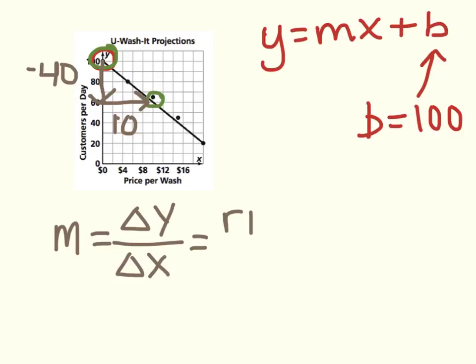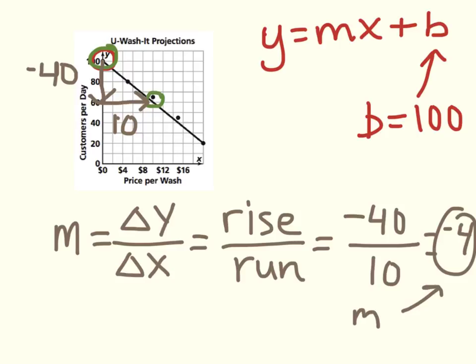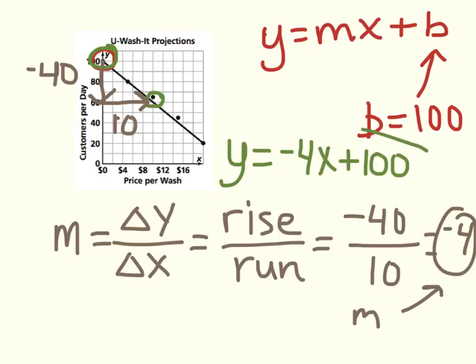You could also think of that as the rise over the run. My rise is negative 40, and my run is positive 10, and negative 40 divided by positive 10 is negative 4. So that is my slope, or my m. Now I can write my equation, y equals negative 4x plus 100.